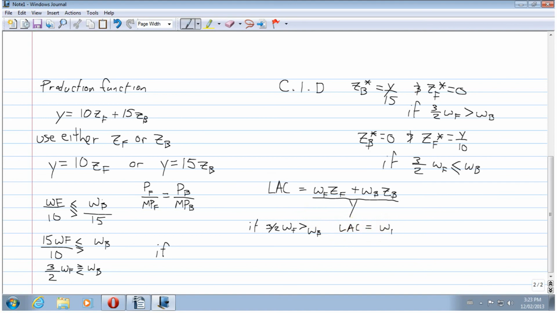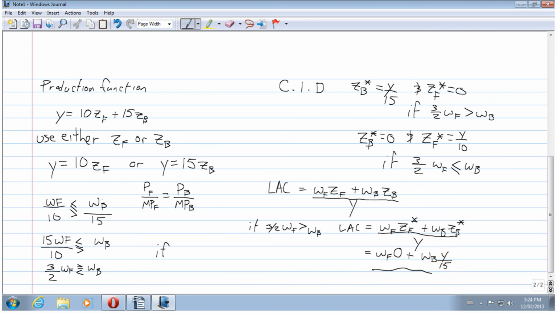equals WF ZF star plus WB ZB star over Y, which equals WF, and I come up here to this condition. ZF star is 0 plus WB, and ZB star is Y over 15.